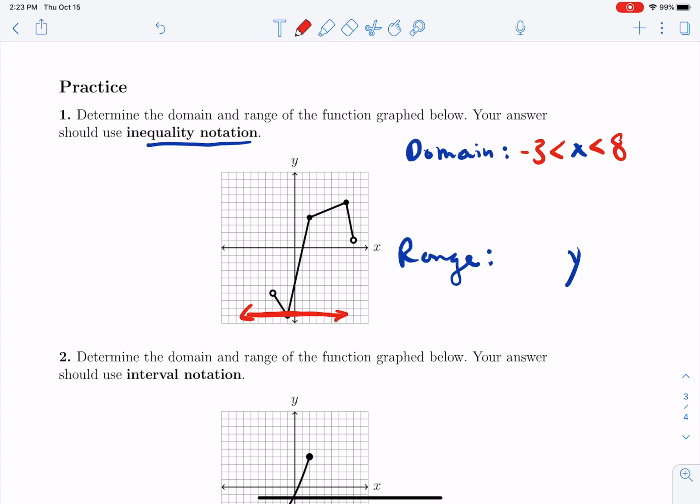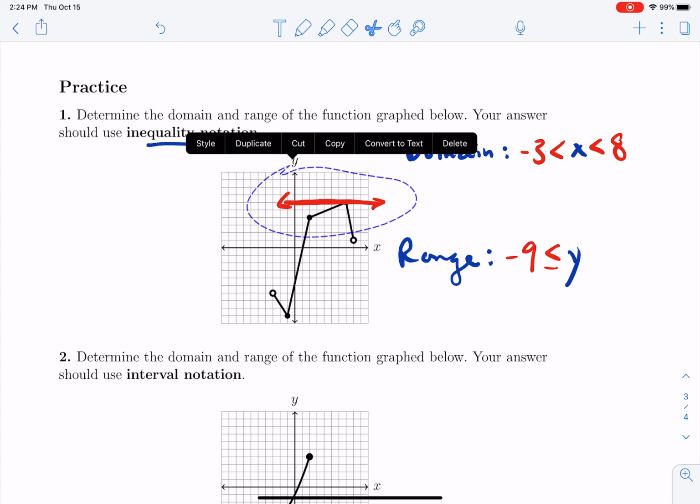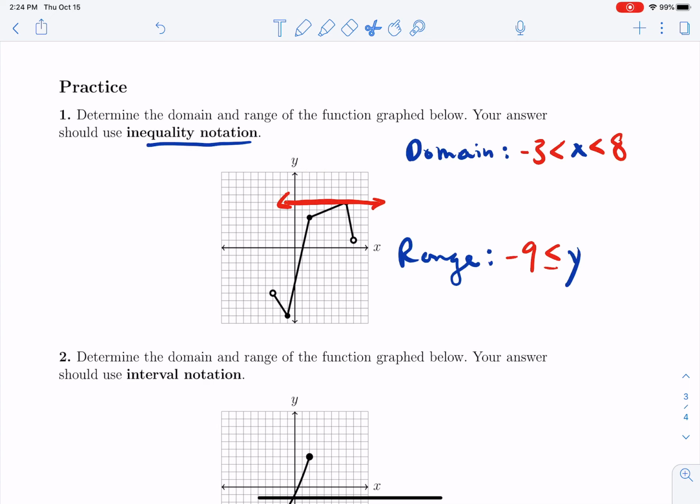So that's at -9, and that's a filled-in dot, so it's included. Our largest y value is all the way up here. Okay, so that occurs at 6, so less than or equal to 6. And again, it's a filled-in dot, so it's included.